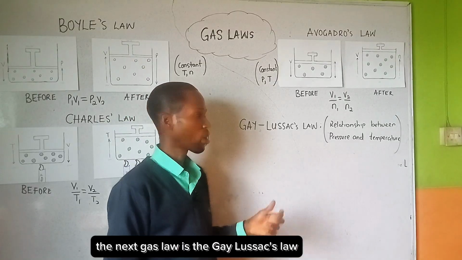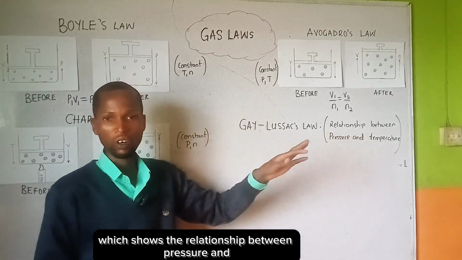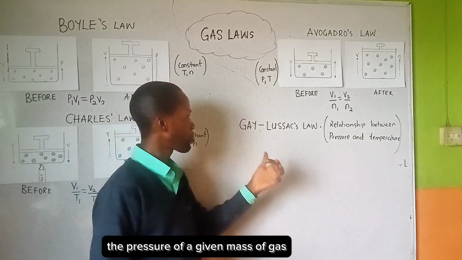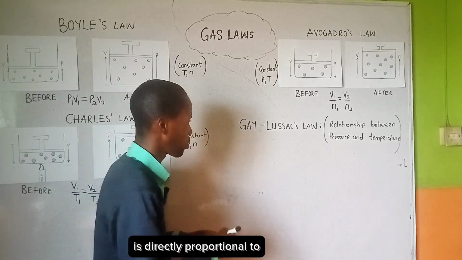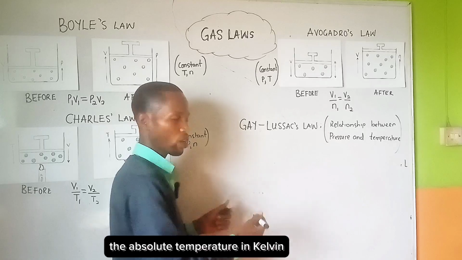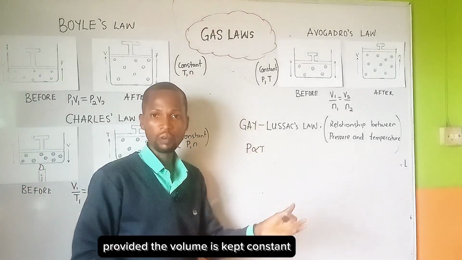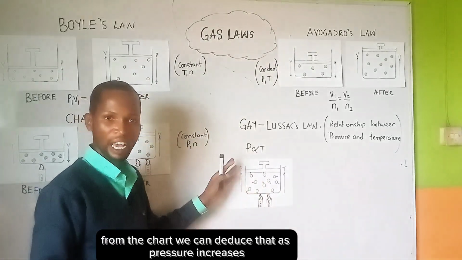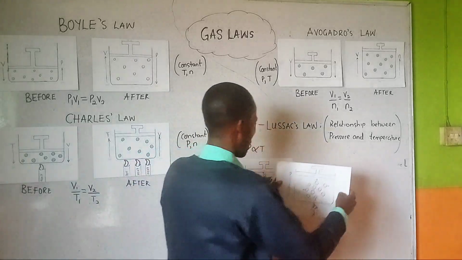The next gas law is the Gay-Lussac law, which shows the relationship between pressure and temperature. The law states that the pressure of a given mass of gas is directly proportional to the absolute temperature in Kelvin, provided the volume is kept constant. From the charts, we can deduce that as pressure increases, temperature also increases.